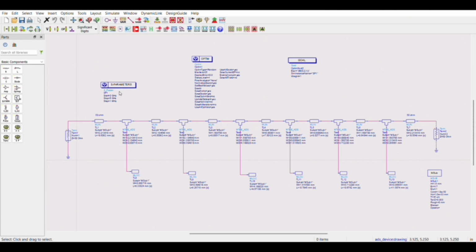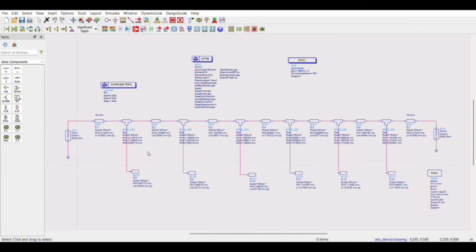Next is the Optim, which automatically modifies the transmission line dimensions to achieve the desired filter response. For Term 1 and Term 2, both are terminated with 50 ohm to match standard RF measurement.